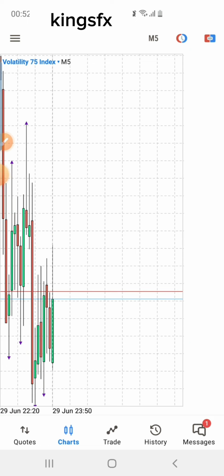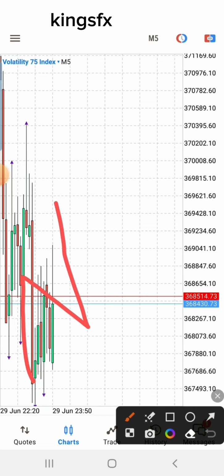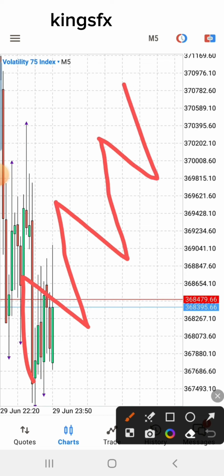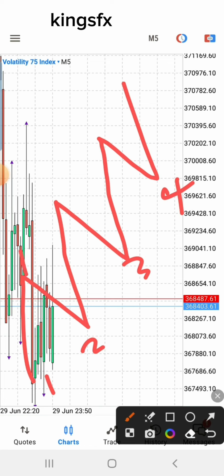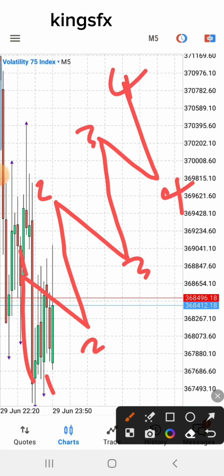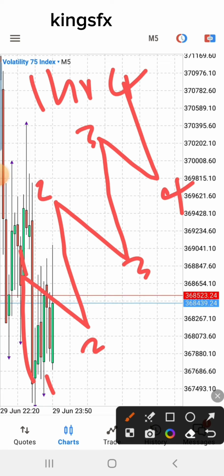Now, the time frame that is moving the trend is the time frame that is clearly showing you the progression of the chart, the chart creating a series of higher highs and higher lows. Let's say this is 1, this is 2, this is 3, this is 4. If this is a 1 hour time frame, once you open your chart and you can clearly see the progression of higher highs and higher lows, that is the time frame you should stick with for any strategy you are using.